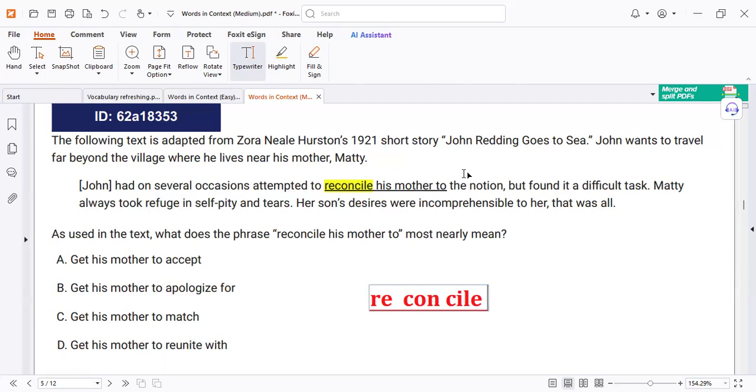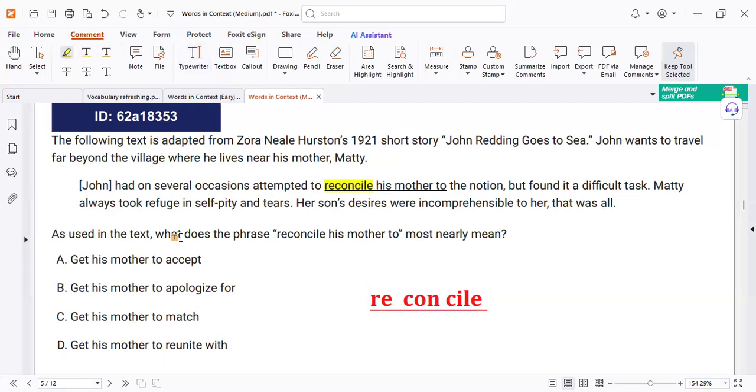Is the idea. Yes or no? But that means get his mother to accept the notion. And what is the notion? He wants to travel far beyond the village. But he failed because it was incomprehensible to her. That's why he took refuge in self-pity, crying tears because she refused. So that means there was no separation between them.